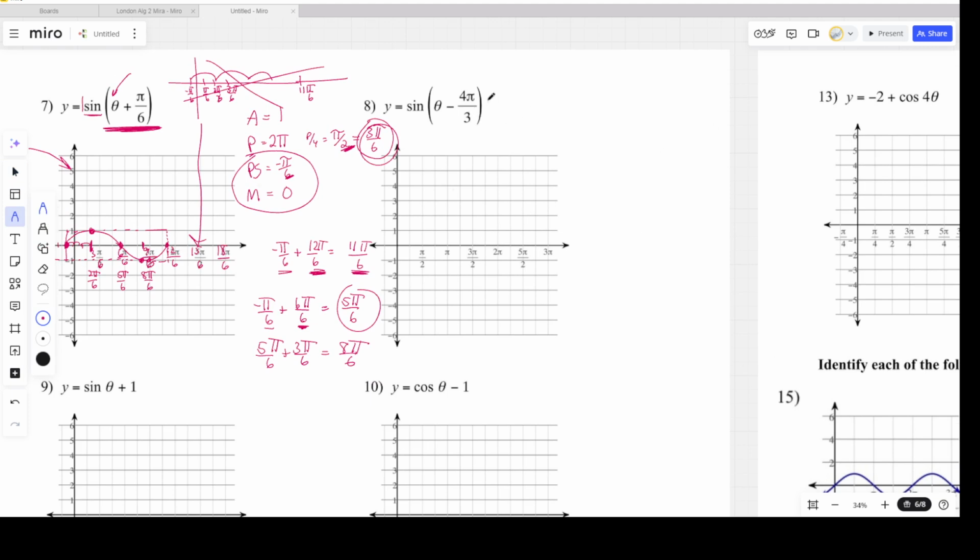All right, looks like we're gonna have the same problem here because the phase shift is in a unit that's not shown on this graph. All right, let's try it.